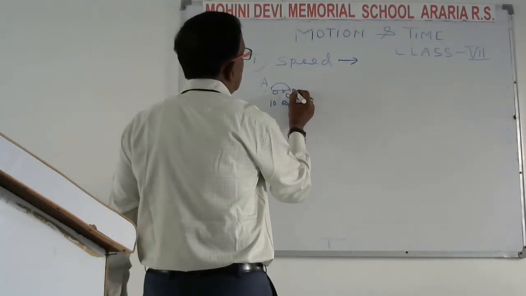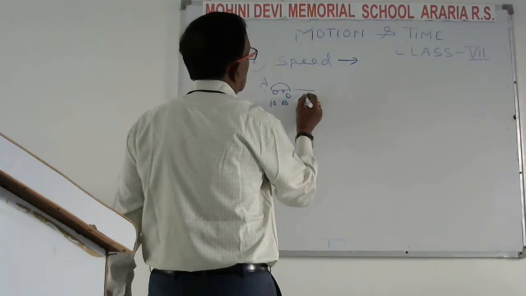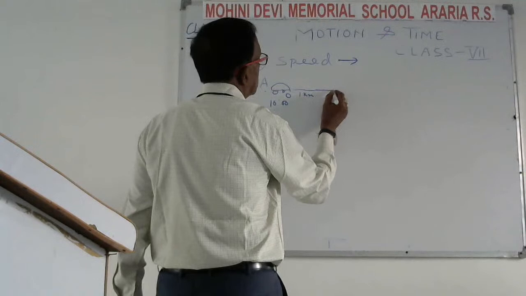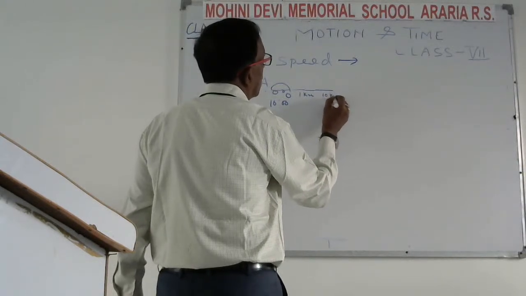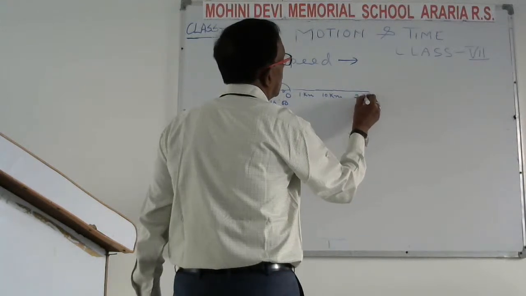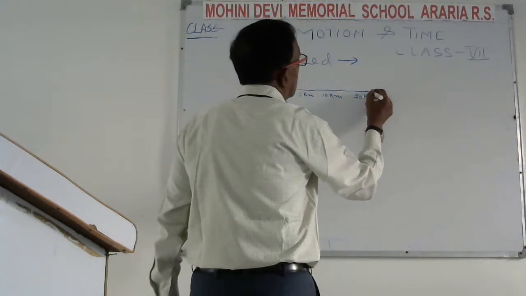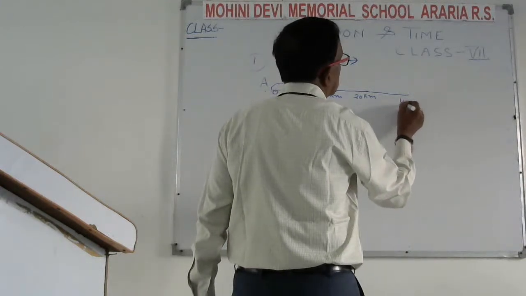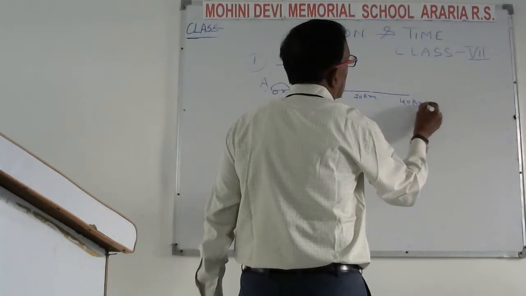When it starts, at first its speed is 1 kilometer per hour. After some time its speed is 10, after some time 20, and after that it reaches a speed of 40 kilometers per hour.